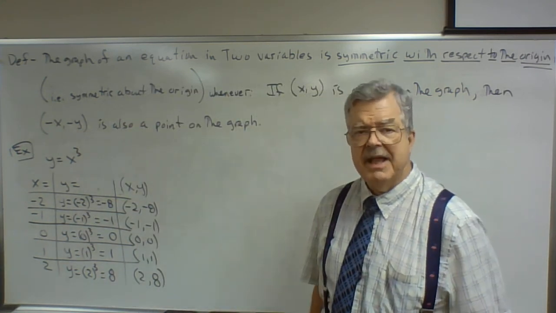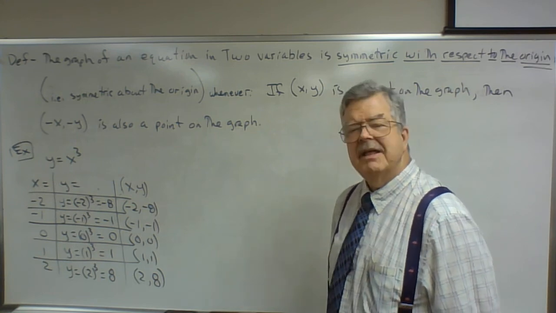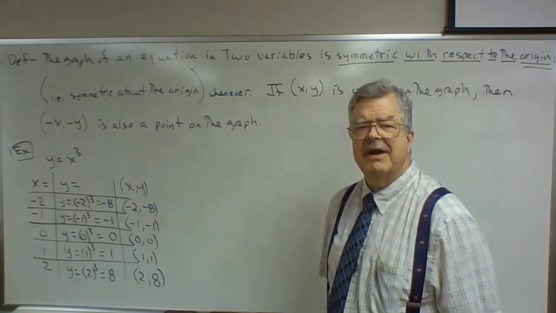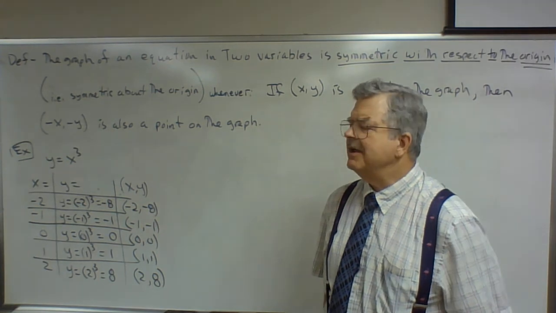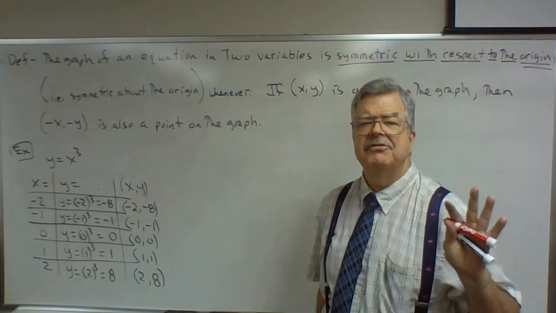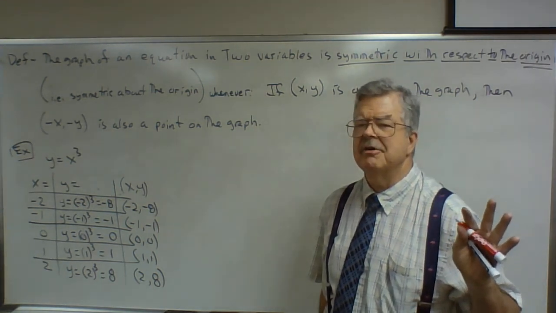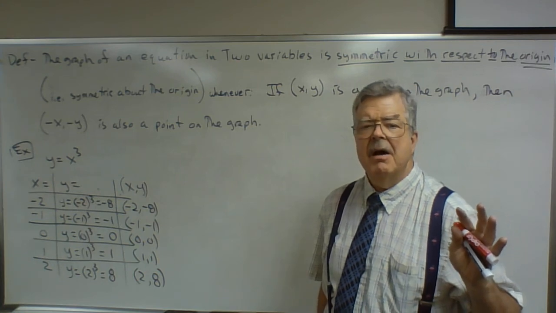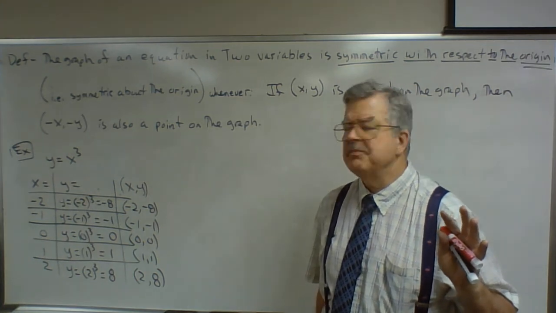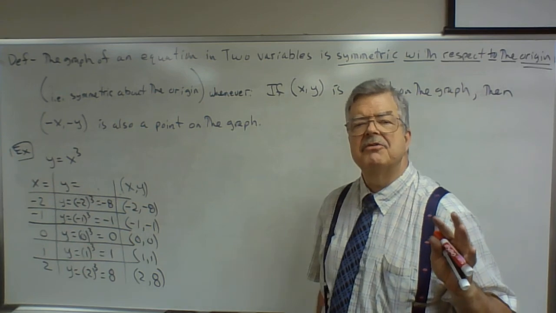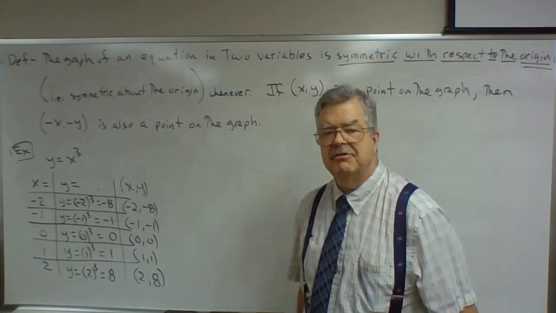And in fact, it is. And let's see how this looks graphically. It's not going to hit us in the face like symmetry about the y-axis or about the x-axis. But we're going to see what symmetry about the origin really means.